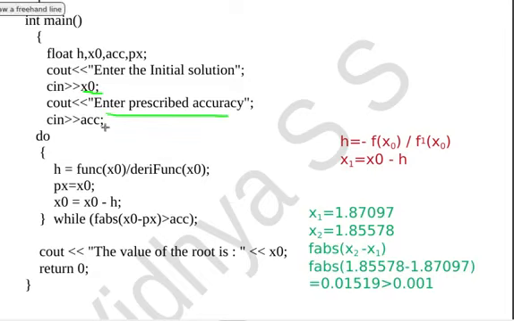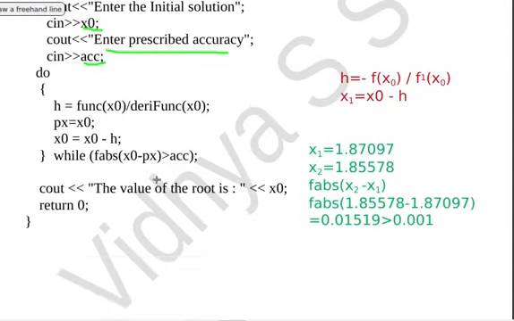So take the accuracy from the user. If I want 3 decimal point precision, I'll put the accuracy as 0.001 for the 3 decimal places. If you want a solution up to 4 decimal places, you can put it as 0.0001. And I am using a do while here.